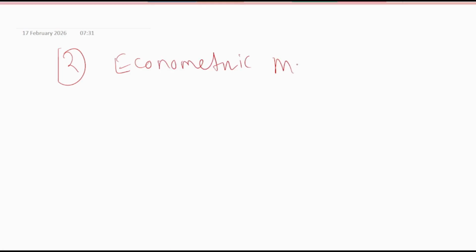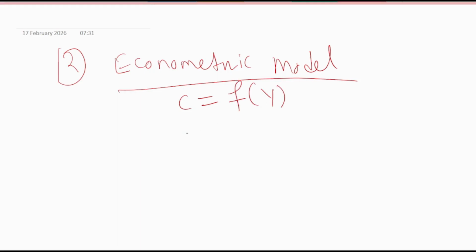Econometric model. So here if you are explaining the consumption function, where consumption is a function of income, the econometric model can be written as C is equal to alpha plus beta y plus u.